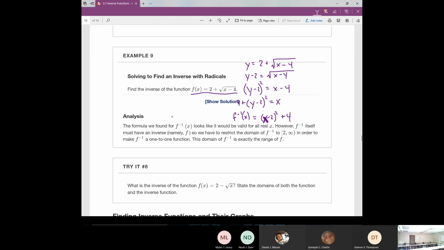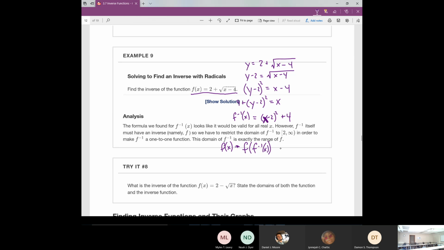So let's find the inverse. I'll do that down here. So if I want to feed this into the function, I actually want to get f of the inverse of the function, x.